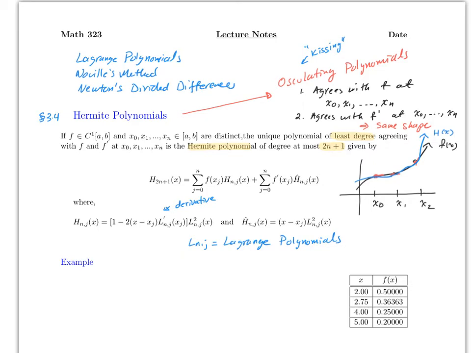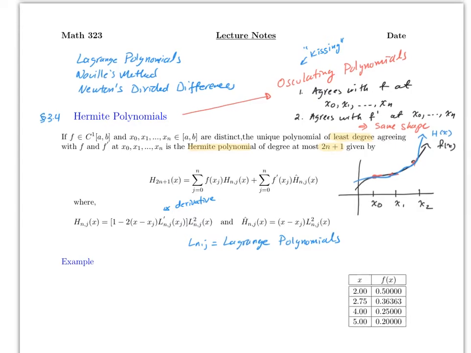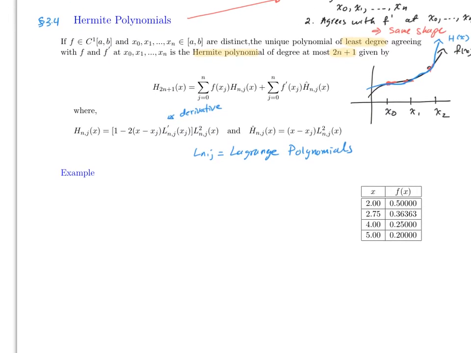All right, so let's do an example and see how this works. Like I just mentioned, this is not hard, but it's going to be pretty tedious. Now in section 3.1, we used this information and came out with Lagrange polynomials at that time. So from section 3.1, you should check this.